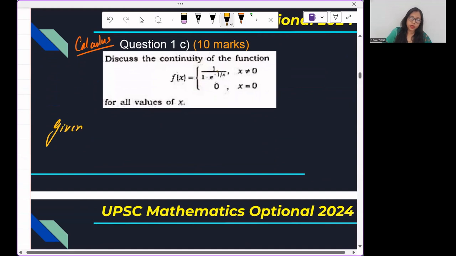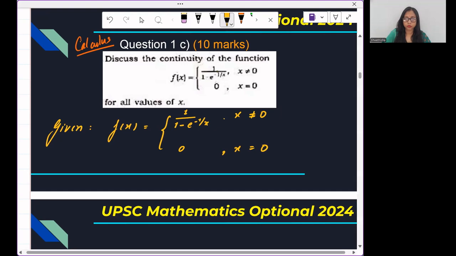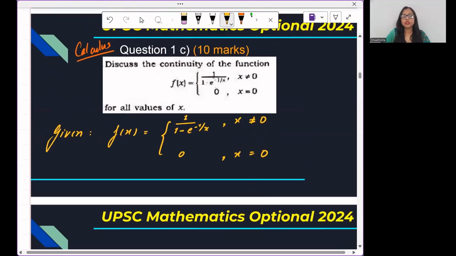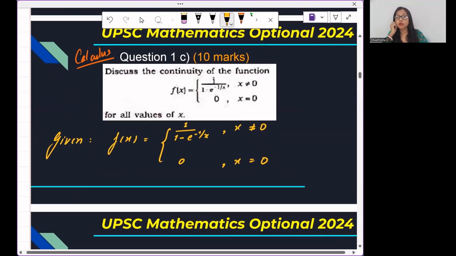Given is f(x) equals 1 upon 1 minus e raised to the power minus 1 by x for x non-zero, and f(x) equals 0 for x equals 0. You have to discuss the continuity of the function for all values of x.